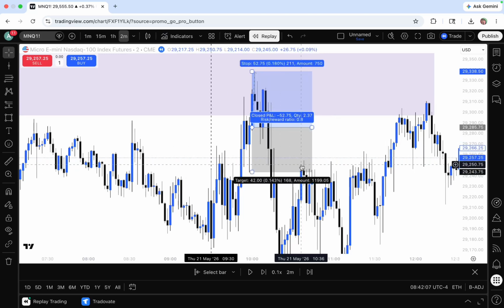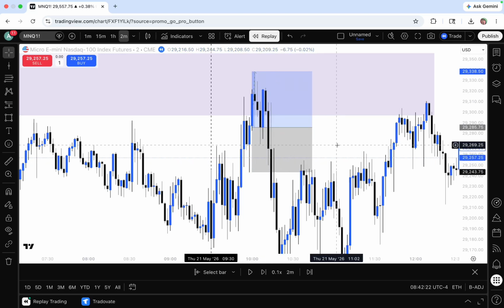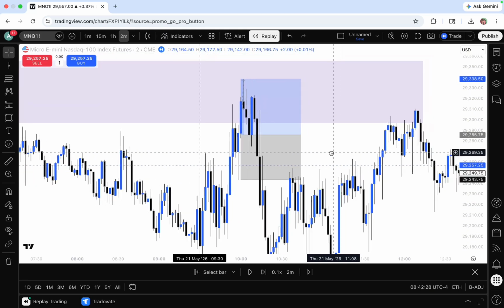I was considering moving to break even, though we hadn't hit any specific levels to justify that. As we were going down, we also got a big wick back up, so if anyone moved their stops to break even prematurely, they definitely got stopped out there.